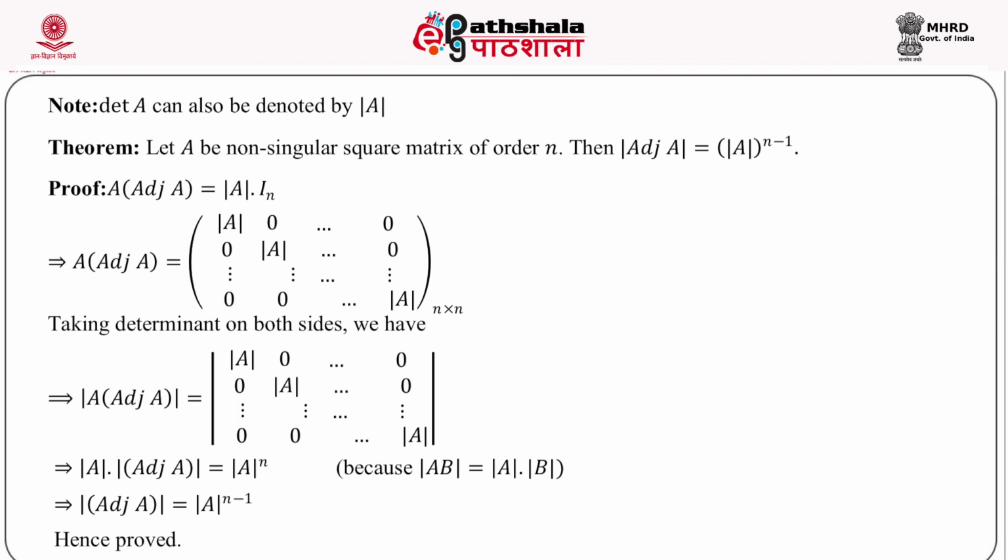Also on the left hand side, we know that determinant of A into B matrix is equal to determinant of A matrix into determinant of B matrix. So using this, the left hand side can be written in this form: determinant of A into determinant of adjoint of A, which is equal to nth power of determinant of A. So the determinant of adjoint of A is equal to determinant of A to the power n minus 1.